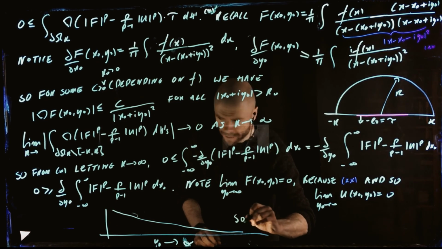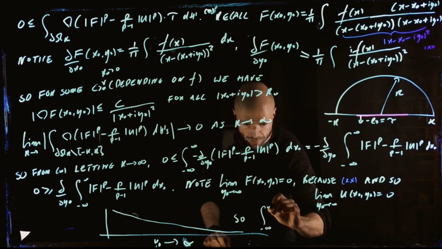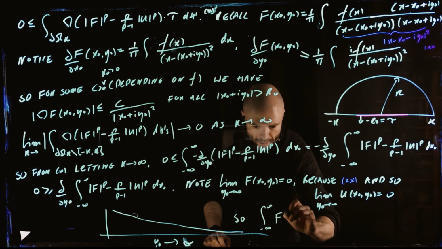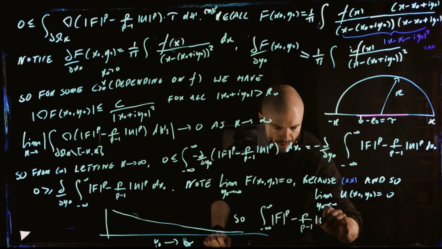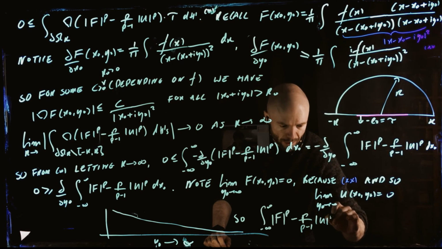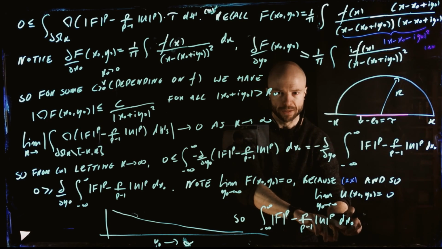So the integral of this thing, f to the p minus p over p minus 1, u to the p, dx0. This thing is a function of x0, y0, and we're integrating with respect to x0.